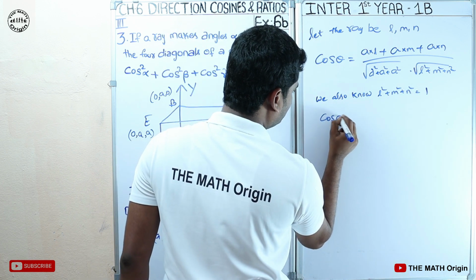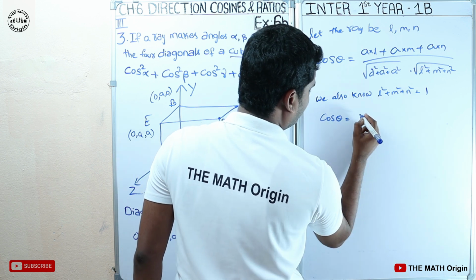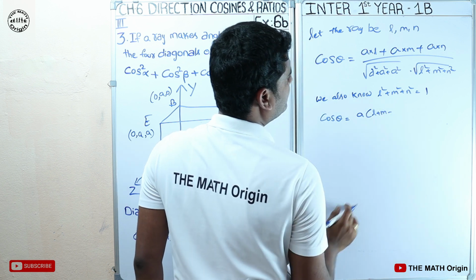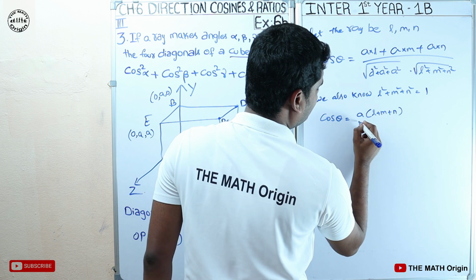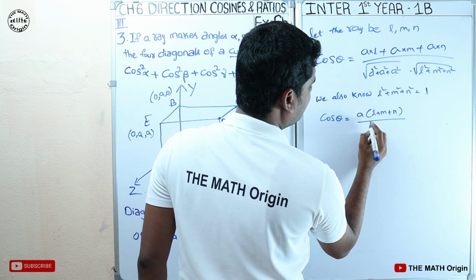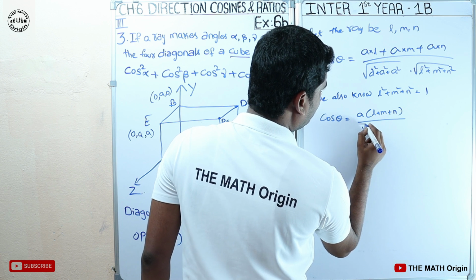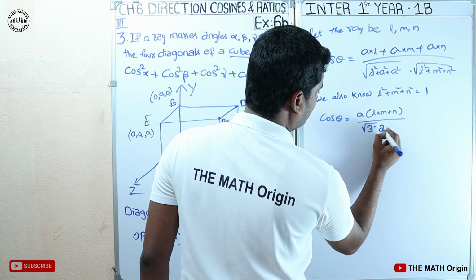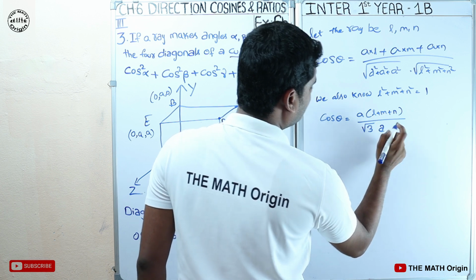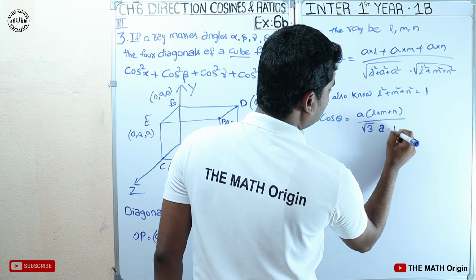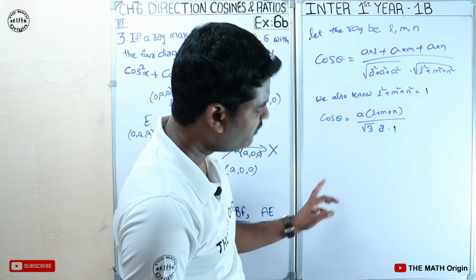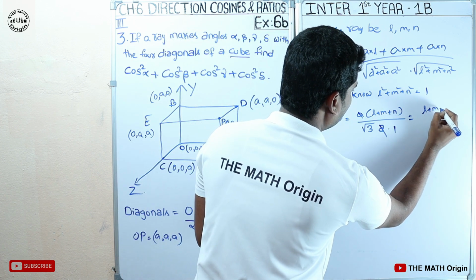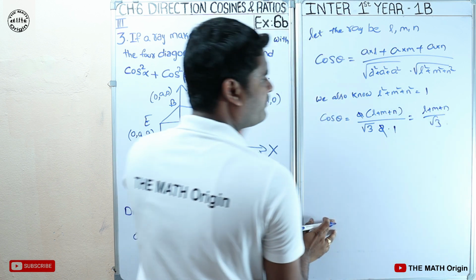Therefore cos theta equals a, with a common, l plus m plus n, by root 3 a, into 1. So the a cancels, therefore that is equal to l plus m plus n by root 3.